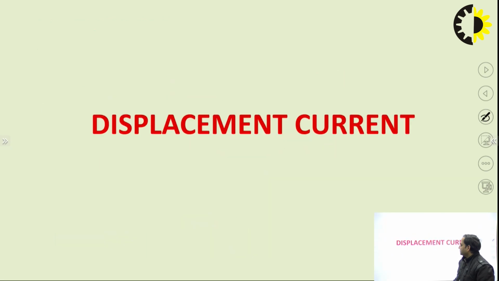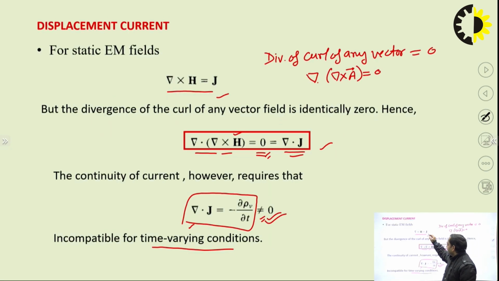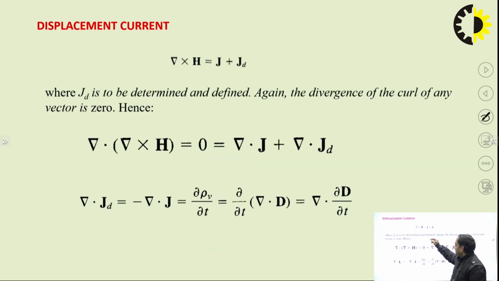In this equation we simply add one component, JD. So del cross H is equal to J plus JD.